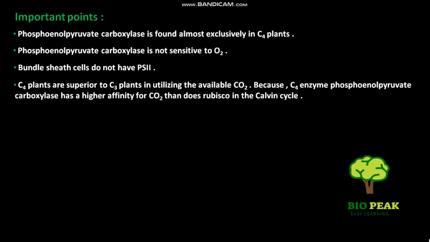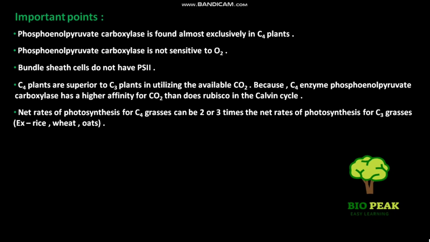C4 plants are superior to C3 plants in utilizing the available CO2 because C4 enzyme phosphoenol pyruvate carboxylase has a higher affinity for CO2 than does Rubisco in the Calvin cycle. Net rates of photosynthesis for C4 grasses can be 2 or 3 times the net rates of photosynthesis for C3 grasses like rice, wheat, oats.